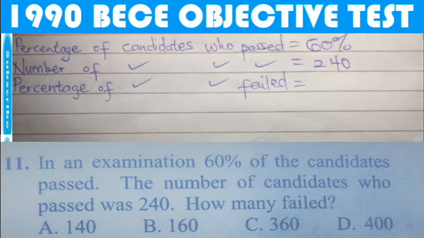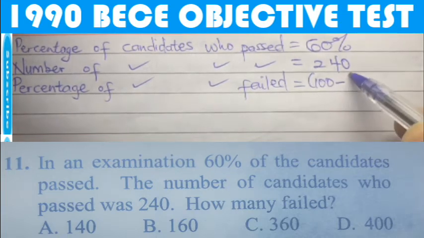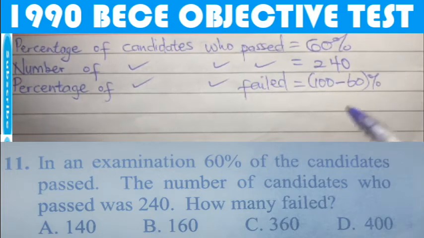All right. So to find the percentage who failed, you subtract 60 from 100%. Okay. And that will give us 40%. So that's the percentage of candidates who failed. And then what about the number of candidates who failed? That's what the question is demanding that we find.